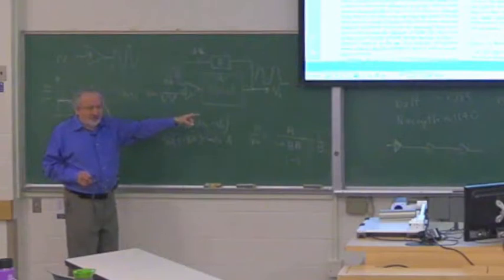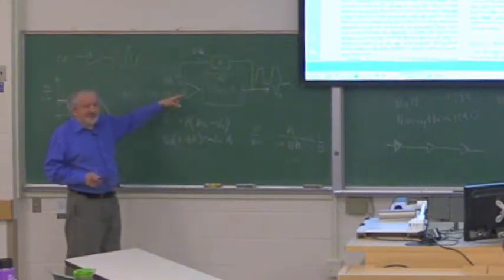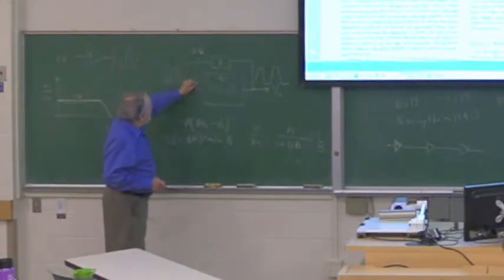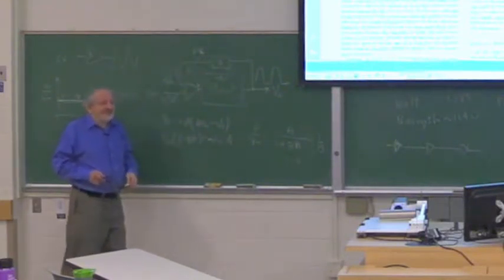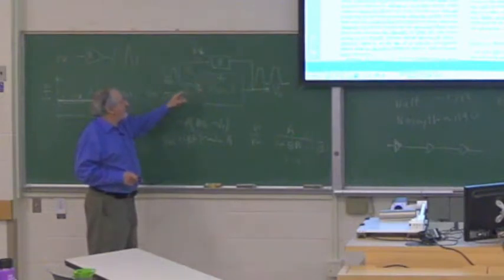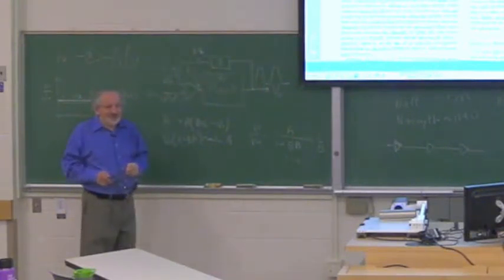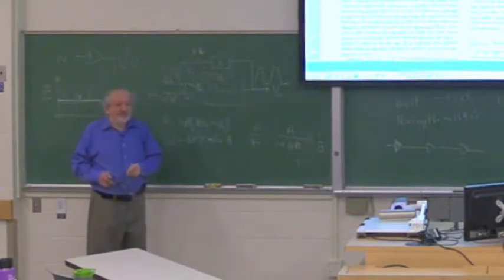Okay? So if the output is distorted, and this is not distorted, if you subtract them, you get some error signal. What you get at this point is the error signal. But if there is distortion on the output, it will show up as an error signal because the output doesn't look like the input. And if there is an error signal, it will force the amplifier to cancel it.